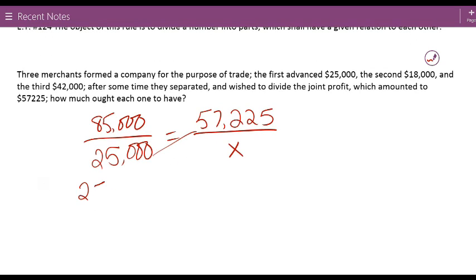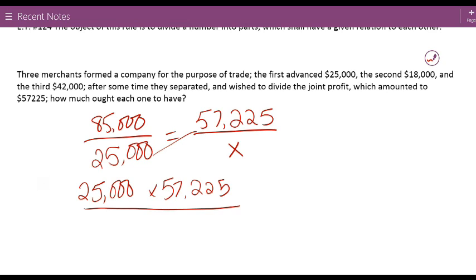So we have 25,000 times 57,225, divided by 85,000. Now, since we have this extra 1,000 in both places, we can just go ahead and divide that out now instead of reducing it out at the end.